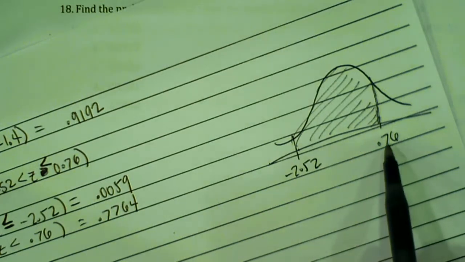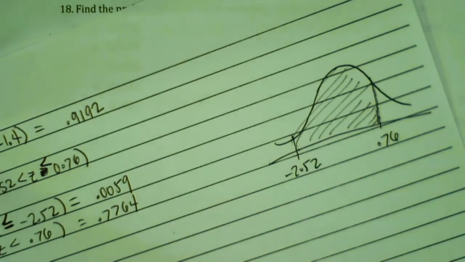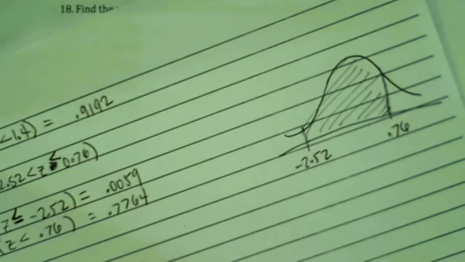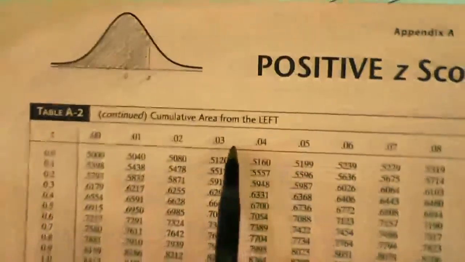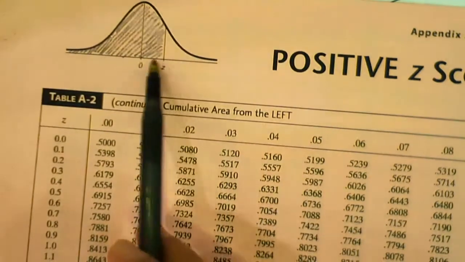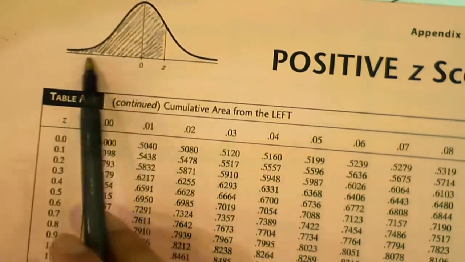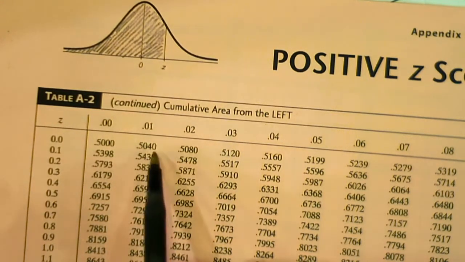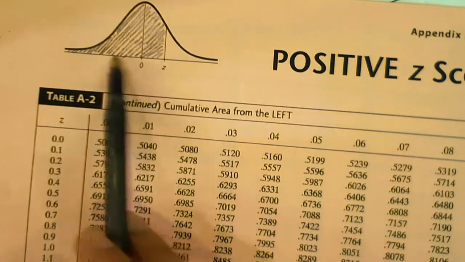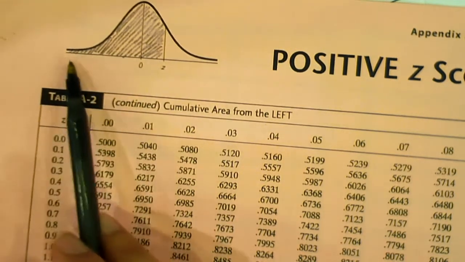Okay, so when you look at these tables, whatever number you're given, it's the probability of it being that number and everything to the left, correct? Because it says here cumulative area. So the Z-score gives you the area of everything from there to the left.